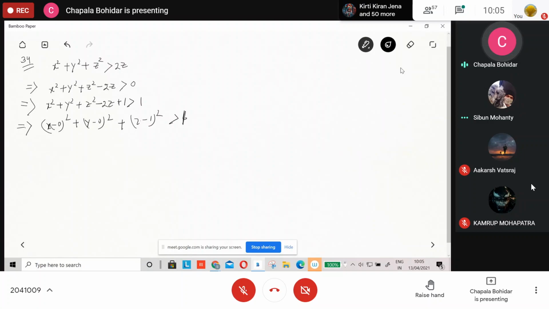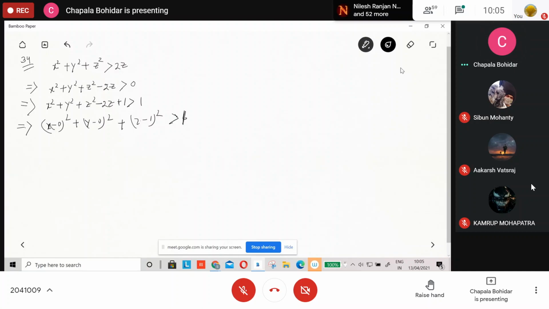It is written as greater than 1, not written as equal to 1. It represents all points outside of a sphere with radius 1 and center 0, 0, 1.